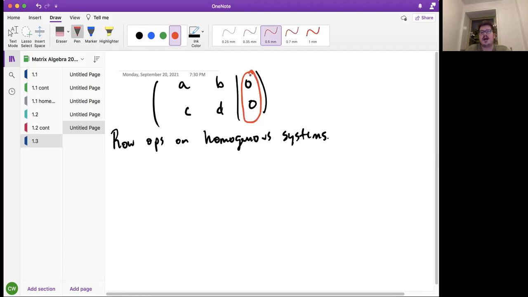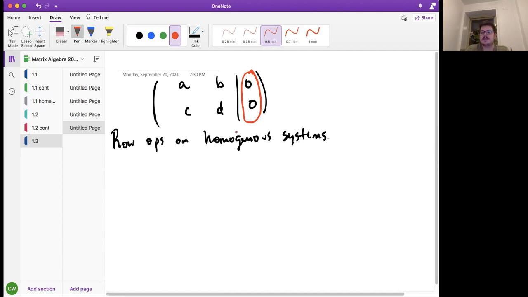Can someone say what happens to the column of zeros when you do row operations? Not column operations, but row operations.